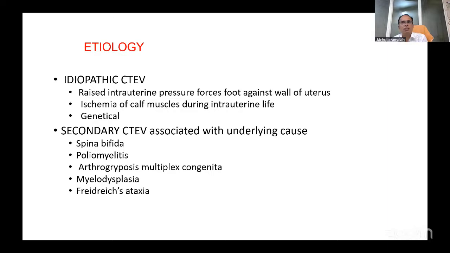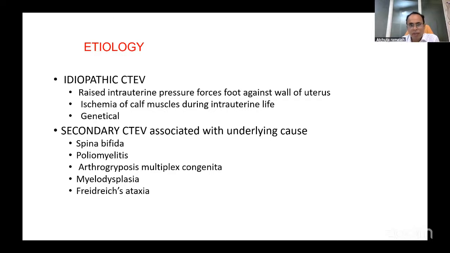The reasons for this deformity are when the baby is in the uterus during the gestational period, if oligohydramnios is there, and if there is a big size baby, the uterus is too small to accommodate such a baby, so the body parts will adjust in different positions, not in a comfortable position.